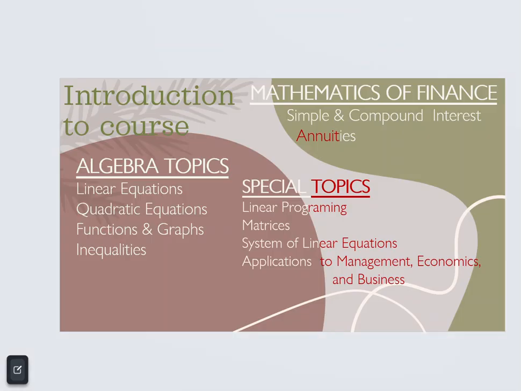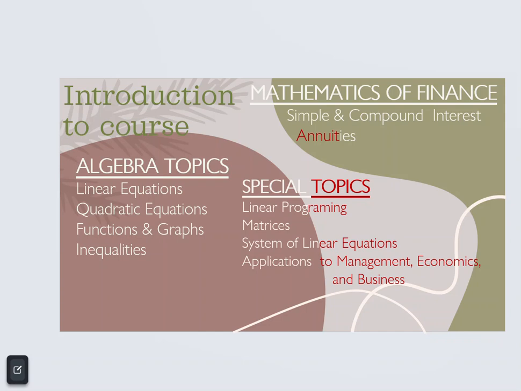I made it into 3 components. The algebra topics we'll cover, to help you with the calculus, are linear equations, quadratic equations, functions and graphs, and inequalities. The mathematics for science, which covers part of the business aspect and how you plan your future, knowing what it's going to cost you or how much you're going to make, is simple and compound interest and annuities.